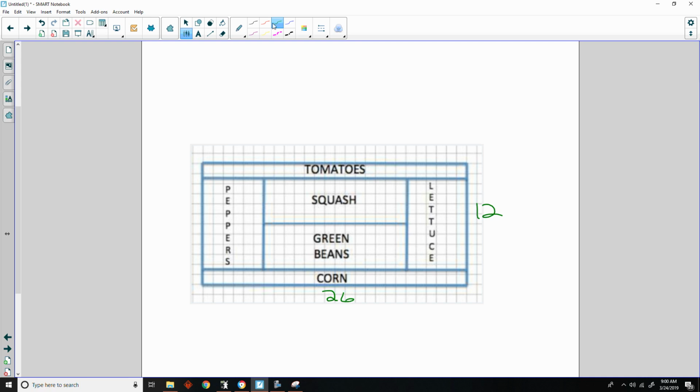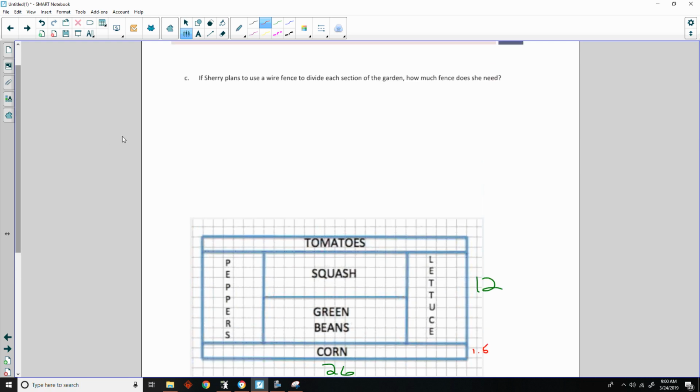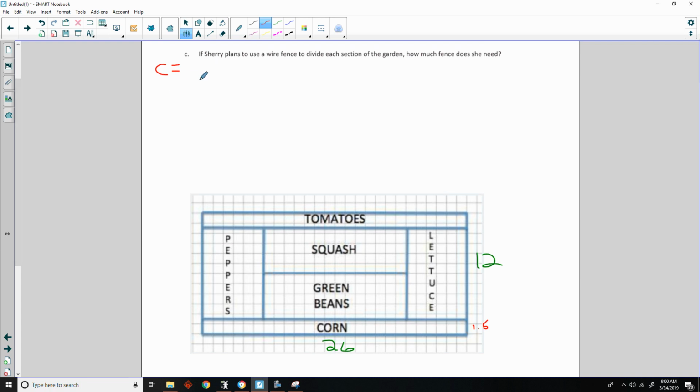And then we're going to section this off. So we know that this is 26, and this looks like 1.5. We'll call that 1.5. So the perimeter of the cornfield is going to be 26 by 1.5.